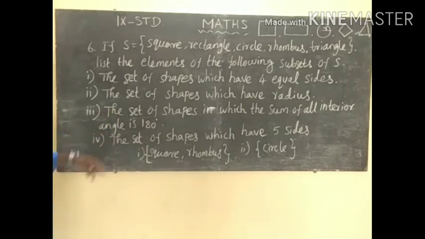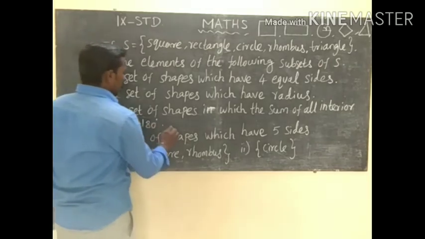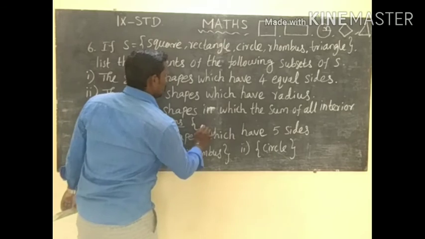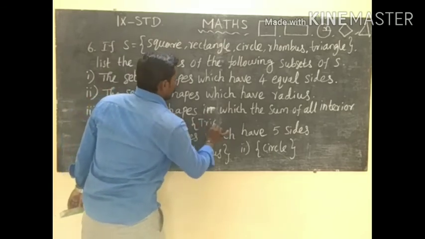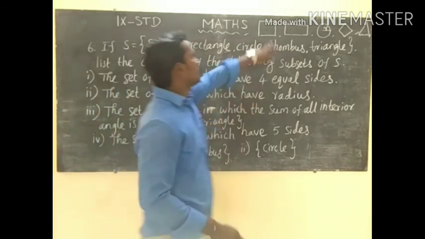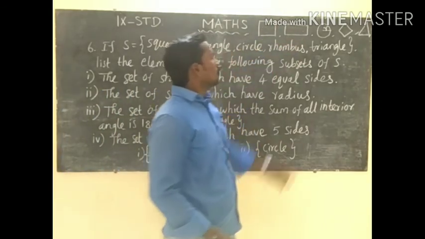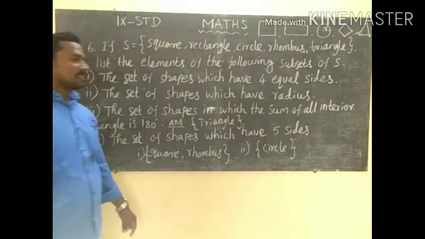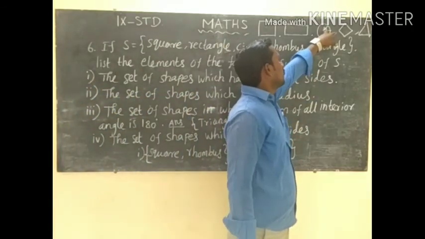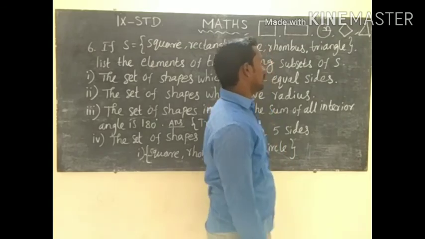So directly apply the result here. The third question's answer is the set of triangle. For these two, the sum of the 4 interior angles is 360 degrees, and the center angle is 360 degrees.